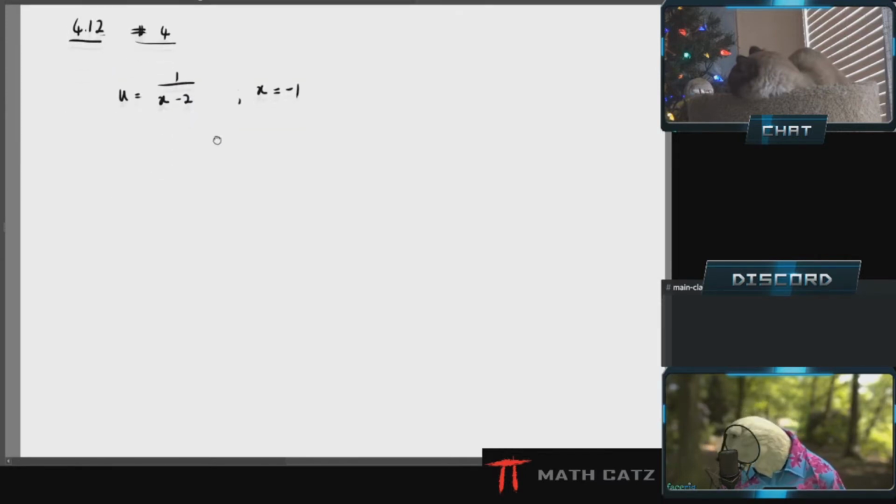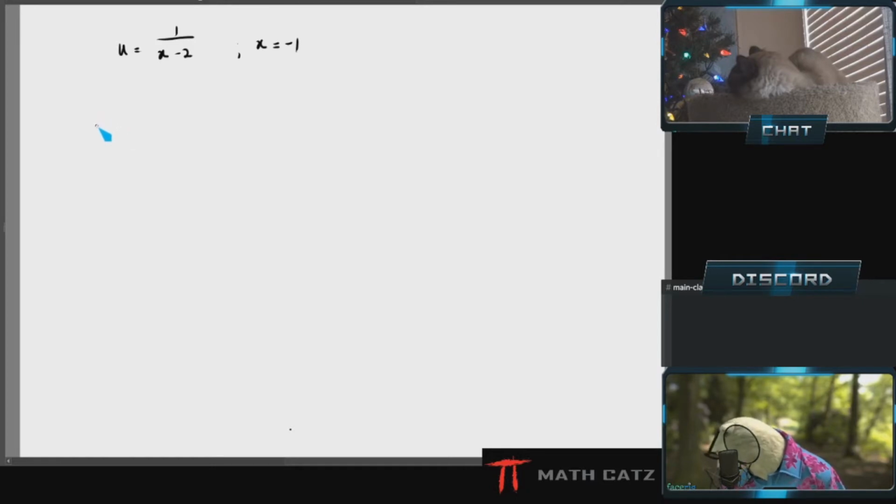Okay, let's do this. Limit definition of the derivative, right? So let me write here, since it's a function of x, call it f of x. Anyway, the derivative in general is the limit as h goes to 0 of the function at x plus h minus the function at x over h.